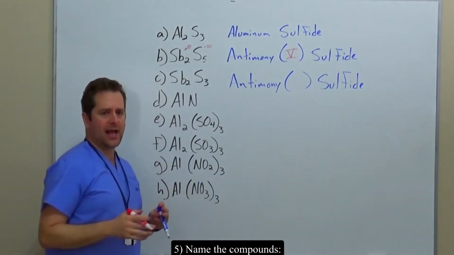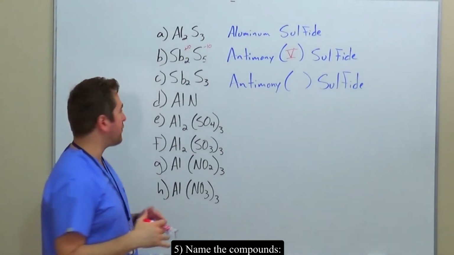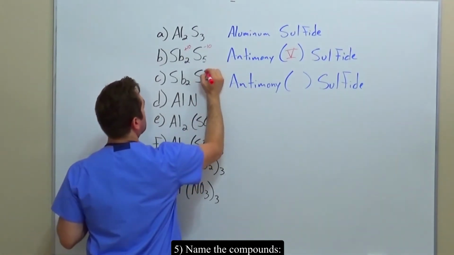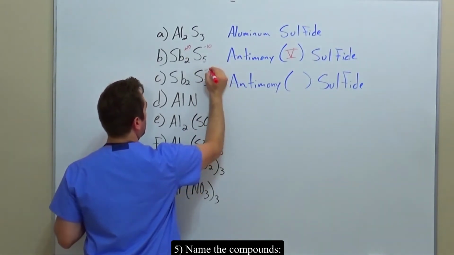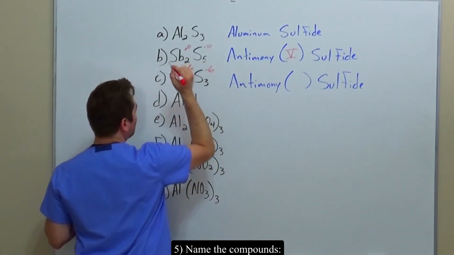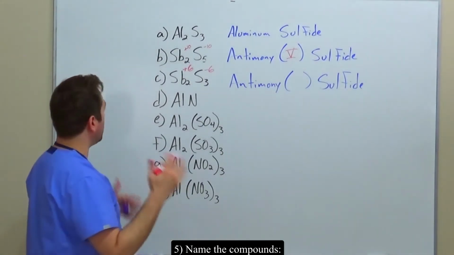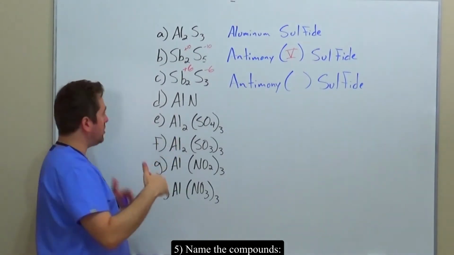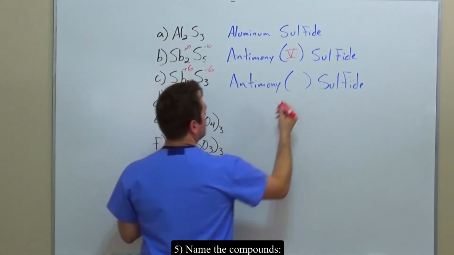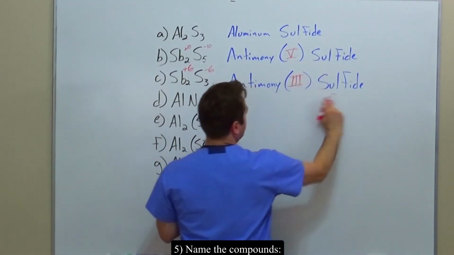Again, each sulfur has an overall charge of -2, but this time we have 3 sulfurs. So our overall charge is -6. So that means that this has to be +6 in order to neutralize it. How many antimonies do we have? We have 2 of them. 6 divided by 2 is +3. So this one is antimony(III) sulfide.